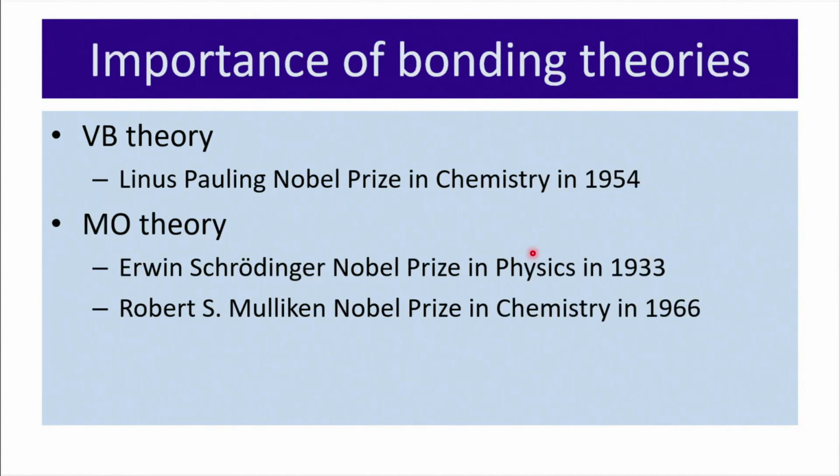So let us look at the importance of bonding theories, mainly the first one, which is the VB theory or the valence bond theory. Linus Pauling received the Nobel Prize in 1954 for putting forward valence bond theory, and Erwin Schrödinger received the Nobel Prize in Physics in 1933 and Robert Mulliken received the Nobel Prize in Chemistry in 1966 for putting forward the molecular orbital theory.